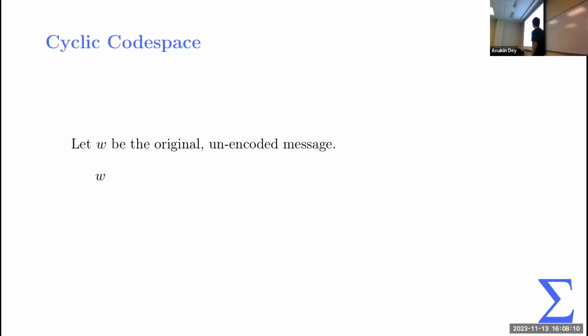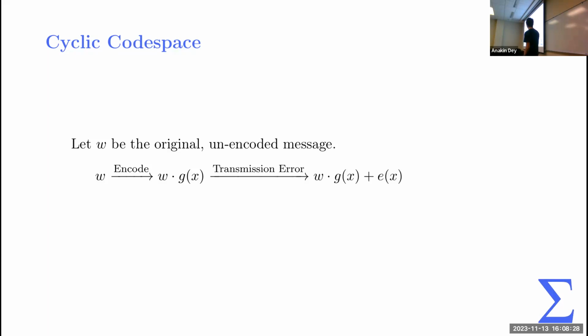The strategy that we're going to be employing is this: we have some message w, which we encode by multiplying by our generator polynomial. w is a polynomial, g of x, our generator, is a polynomial, so we get some polynomial. Then we transmit that polynomial, but there's some error, this extra e of x term.